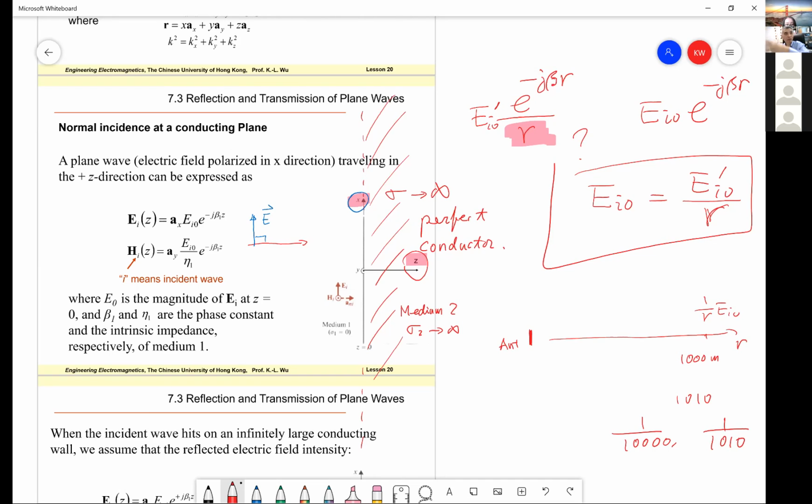The electromagnetic wave can propagate tens of kilometers, not just measured in meters.